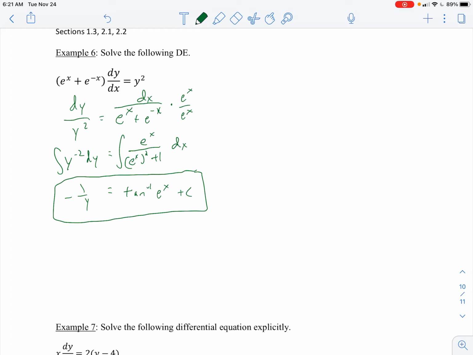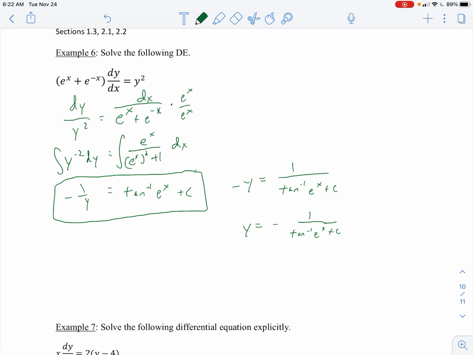All we're going to do is flip the equations on the left and right, and we get negative y is equal to 1 over inverse tangent, you could also say arctangent, of e to the x plus c. Get rid of that negative on y by multiplying by a negative, so y is equal to negative 1 over inverse tangent of e to the x plus c.